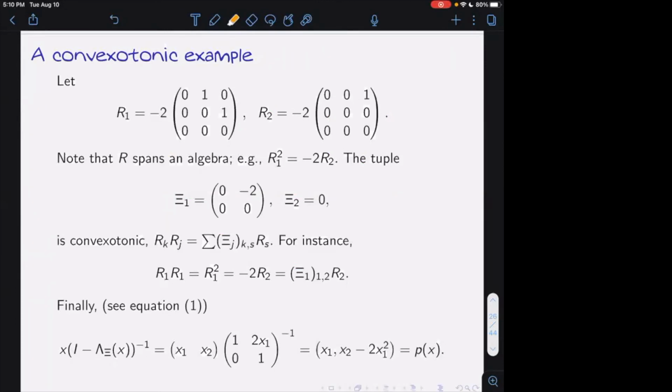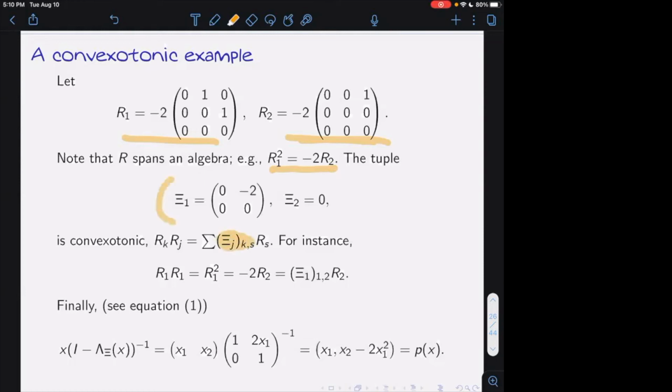Okay. So here's an example, sort of slightly rigged to go along with the earlier example we looked at. So I'm going to take R to be R1 and R2, these matrices here, and then you can check that R spans an algebra. R1 squared is R2, and then the whole thing is nilpotent, right? You multiply again by R1, you get 0. You multiply anything by R2, you get 0. So that spans an algebra, and then you want to compute the corresponding convexitonic tuple.